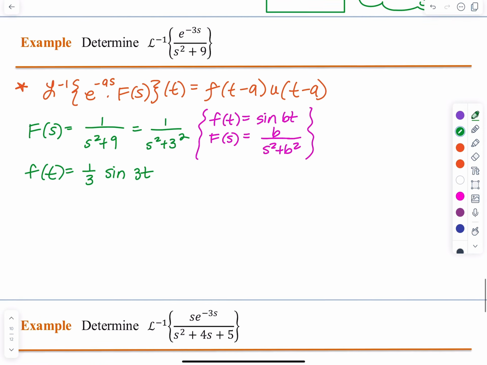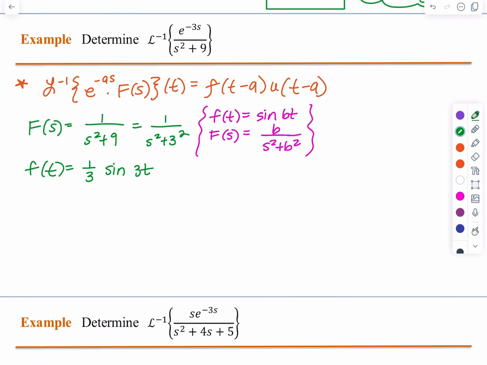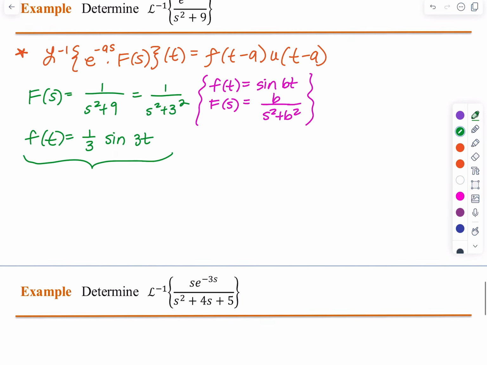Okay? So with that, we say that the inverse transform of our f of s of t is equal to 1/3 sine of 3t.